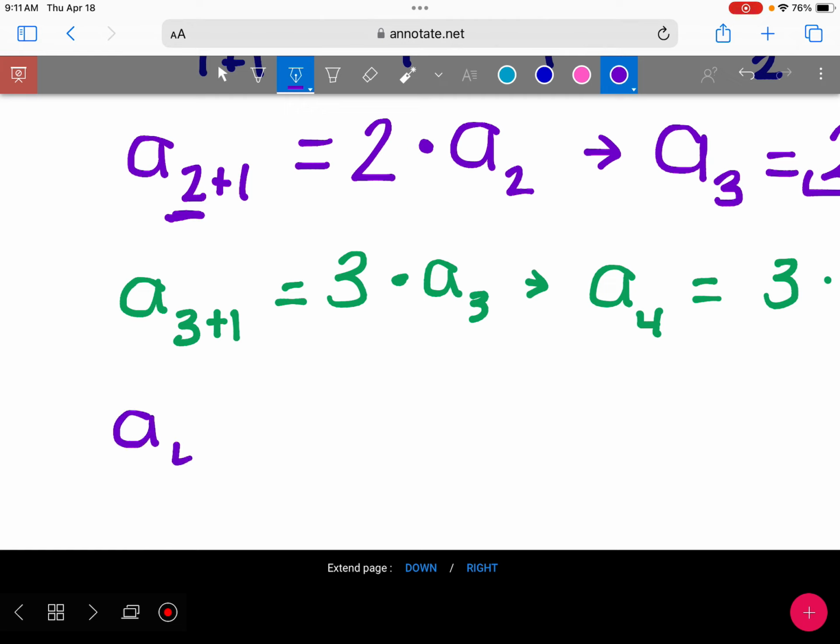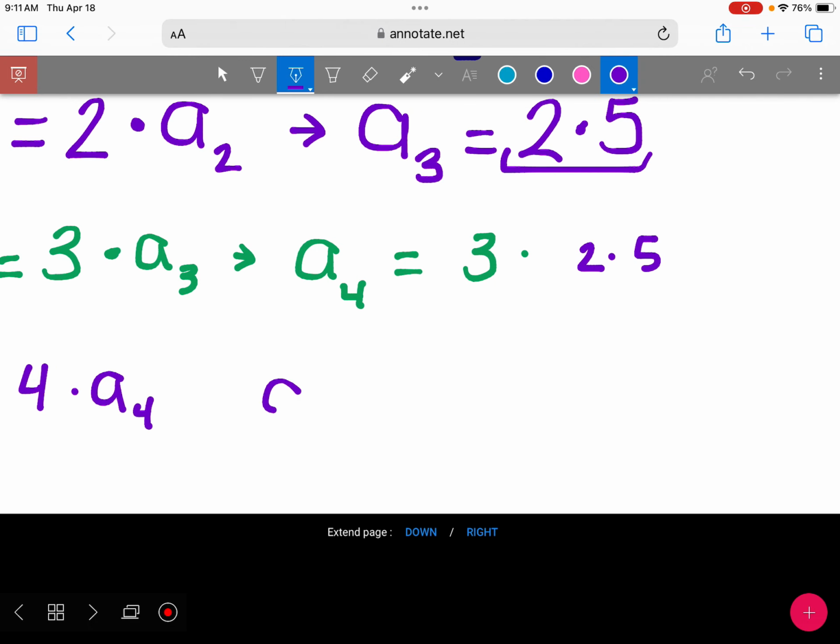So let's do 4 plus 1, which is 4 times a sub 4. So, in a sense, we're just substituting whatever we get in the previous one. Yes. That's all a recursive function is, we're substituting our previous one in. We're just trying to see if we could spot a pattern so that we could put an nth one in. So I'm going to do it the same way, where I'm going to use the one from above.